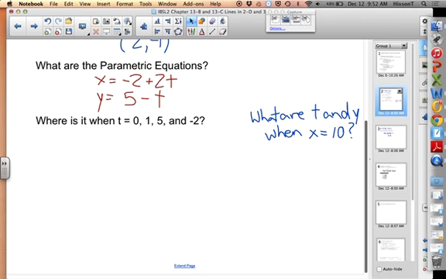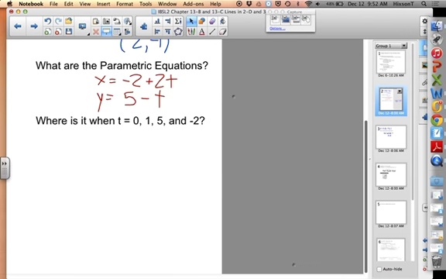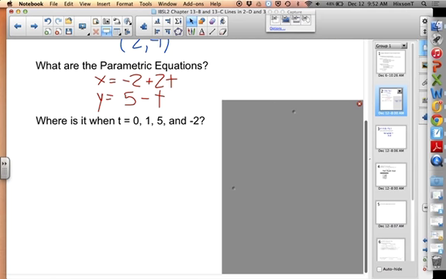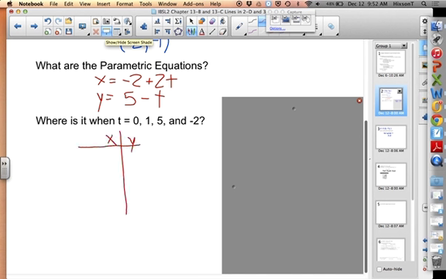All right, here's a question. Where are we at these different times? You can go back to how you first started finding points with your x and y table, but you need to incorporate time now as well. We have 3 dimensions. So we find these different points.